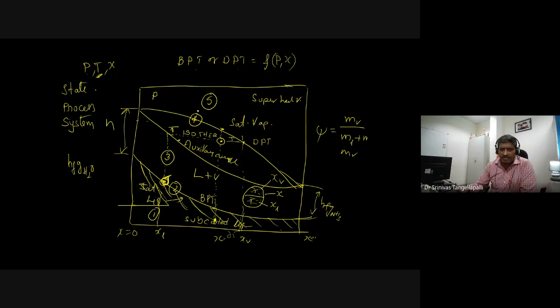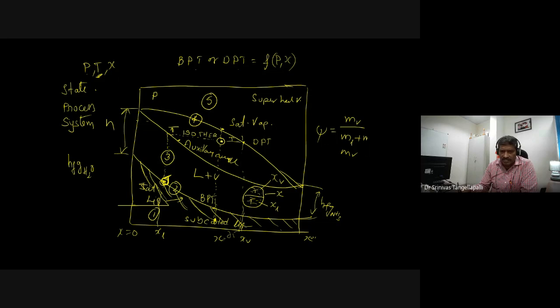If it is below the bubble point temperature, no issue, that is subcooled. If it is equal to the bubble point temperature, that is a saturated liquid. Equal to the dew point temperature is saturated vapor, and more than the dew point temperature is superheated. But if this temperature is between the bubble point temperature and dew point temperature, you decide that it is a liquid vapor mixture.